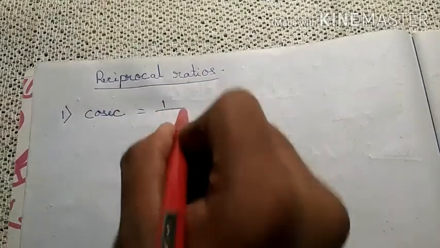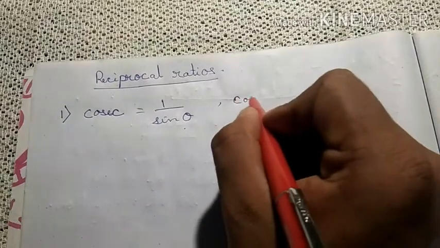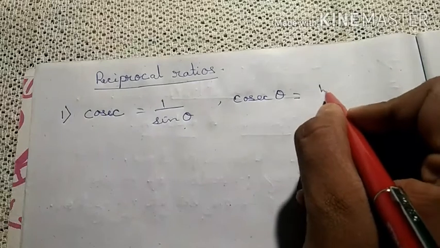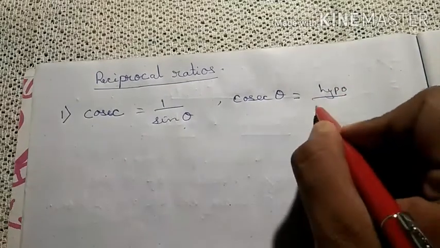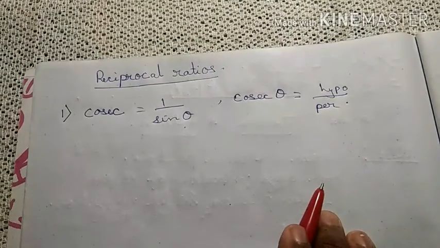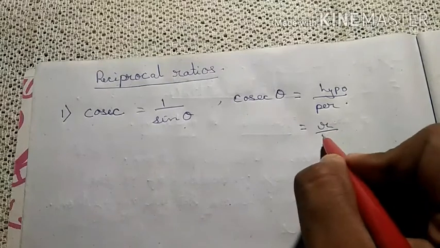That is equal to 1 by sine. So obviously cosec theta would be equal to the ratio of hypotenuse by perpendicular, as sin theta was perpendicular by hypotenuse. So cosec theta would be equal to r by y.